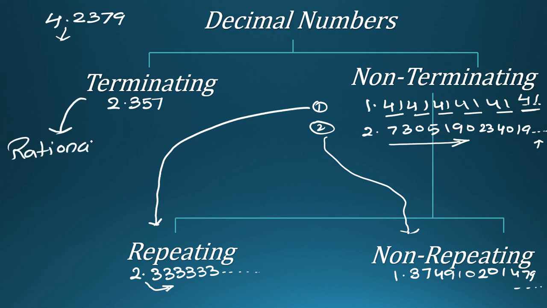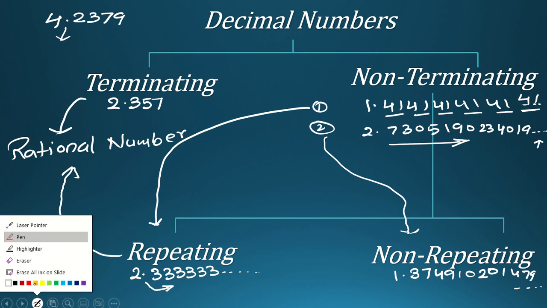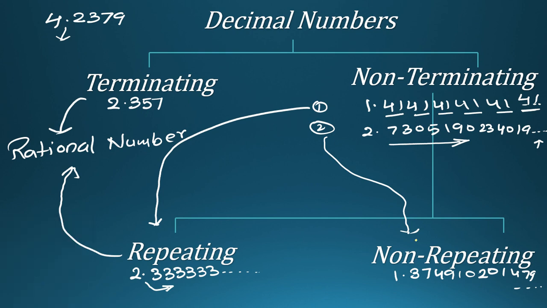And non-terminating but repeating numbers are also called rational numbers. But if you have a non-terminating and non-repeating number, then this type of number is called an irrational number.